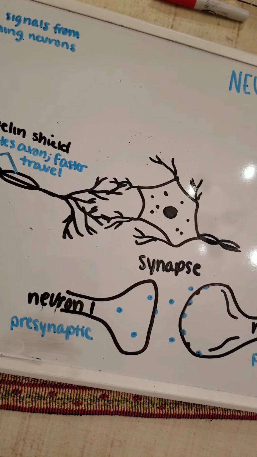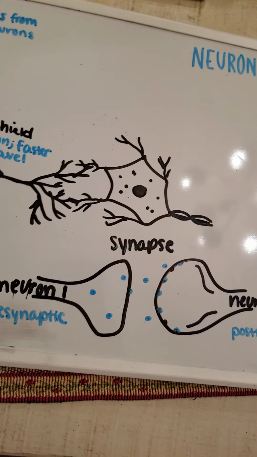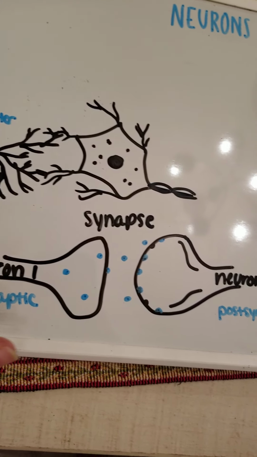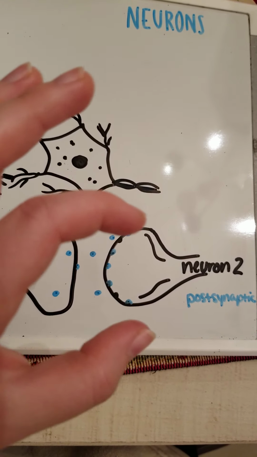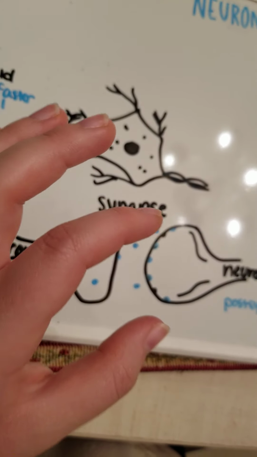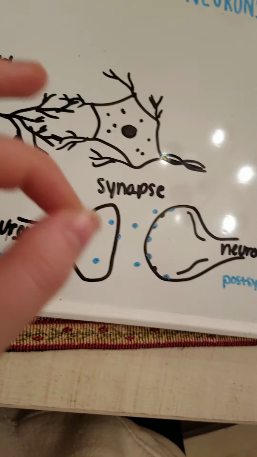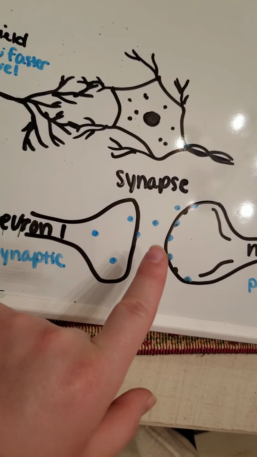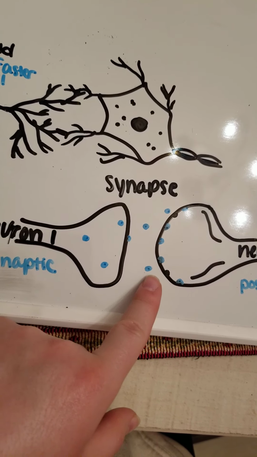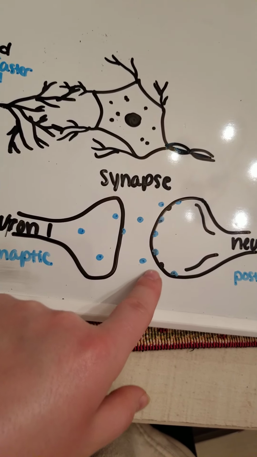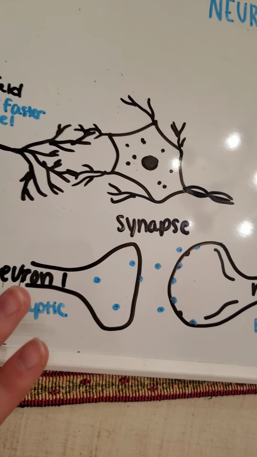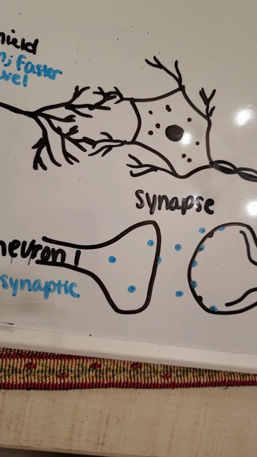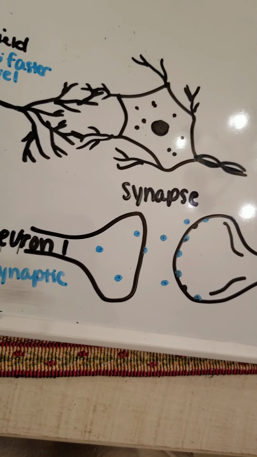So, when this occurs, you will have neurotransmitters, which are these blue dots, and they carry the information, and they will go to the postsynaptic neuron number 2 over here, and they will fit into receptors, which are these little half circles along the edge. If they're blue, then they are occupied receptors. If they are black, they're unoccupied, and they're looking for one of these little blue dots to go into them. We're not going to question why there are multiple blue dots and not enough receptors, okay? Don't worry about it. All right, so that is what happens there.